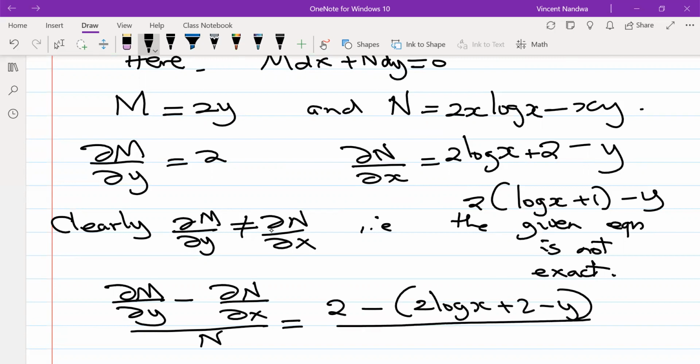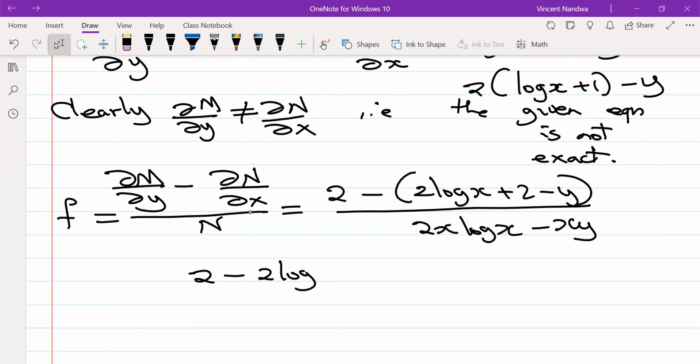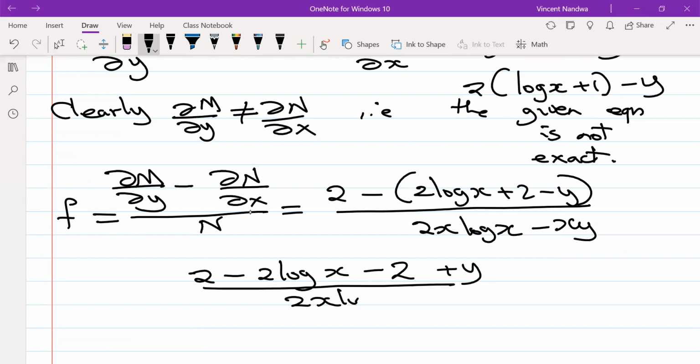And then if I divide by n, I'll have 2x log of x minus xy. So I'll have 2 minus 2 log x minus 2 plus y, because minus is positive, divided by 2x log x minus xy. So this is what I'm going to call f.